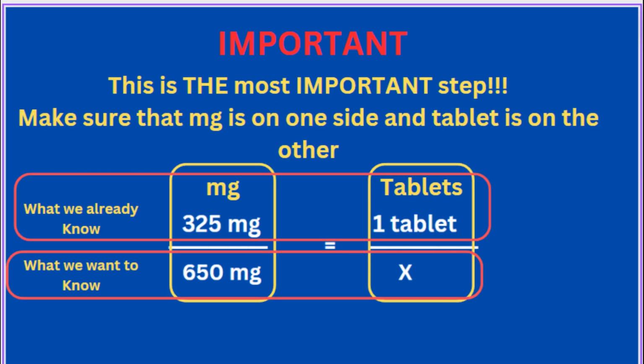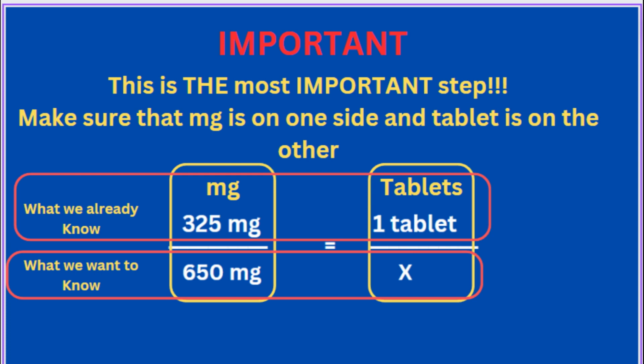So now that we have our equation, just double check and make sure that you have it set up right, because this is the most important step. When you're working with ratios and when you need to cross multiply, this step is very important because you want to make sure that you have your milligrams in one column and your tablets in the other column.